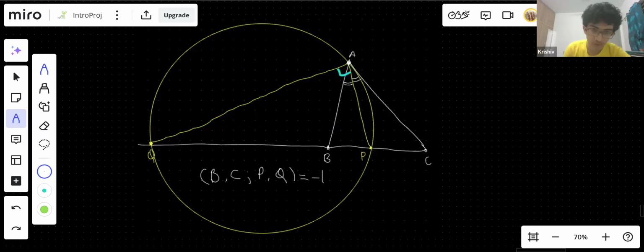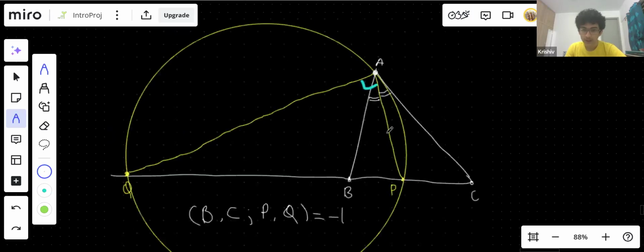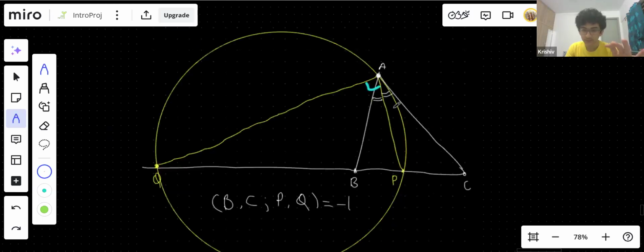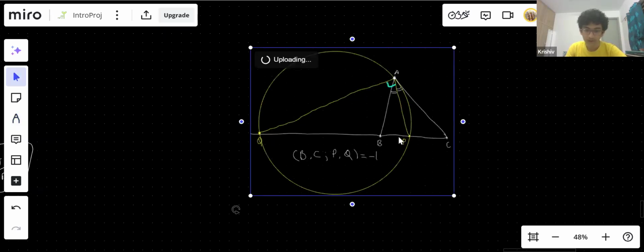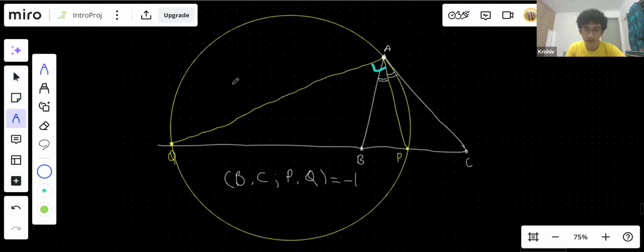I'll actually just prove one way of this. I won't take a lot of time with this. I'll just prove the simplest thing. So suppose AP is the angle bisector. Basically, whenever you see a right angle at one point and an angle bisector at the same point, the first thing you should think about, whatever the problem is, is harmonics.